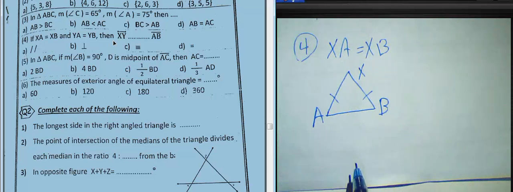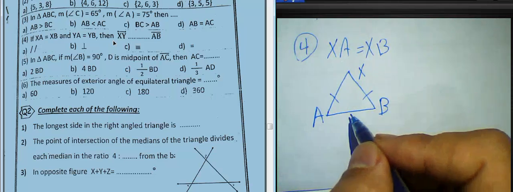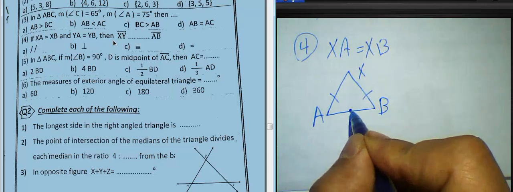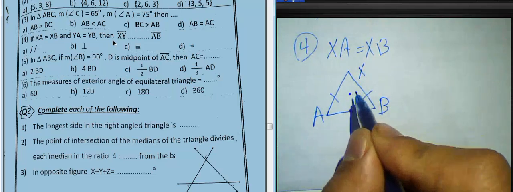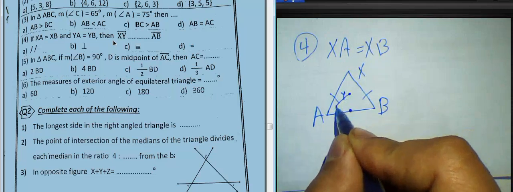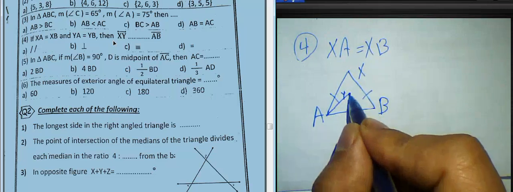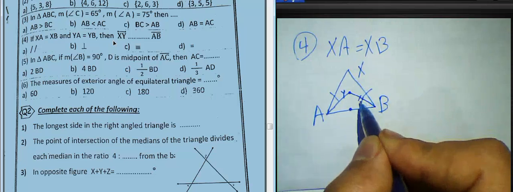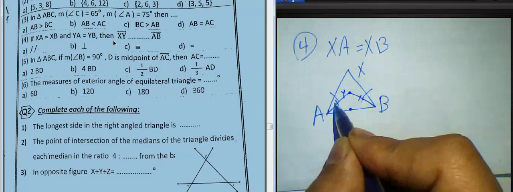Look at here, if we want to write YA equals YB, okay, YB equals YA.